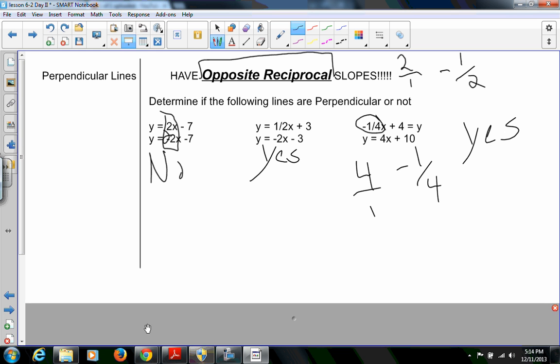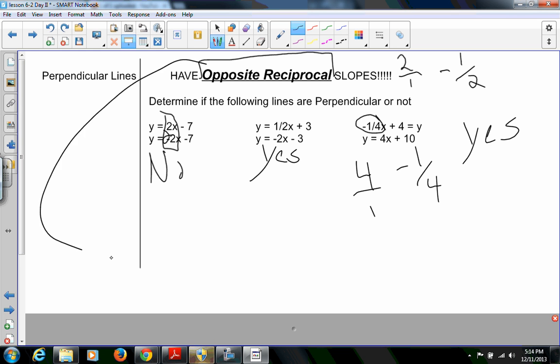Just so we can get a little bit more practice of what this opposite reciprocal means, let's say I have a number of 3. The opposite reciprocal of that would be negative 1/3. If I had a slope of negative 7/8, the opposite reciprocal of that would be 8 over 7.